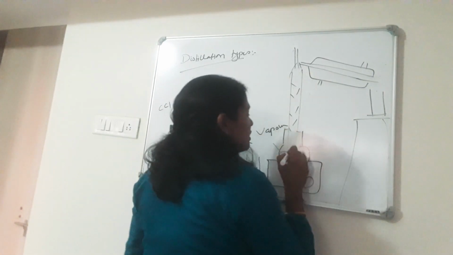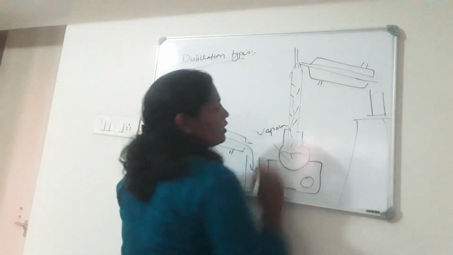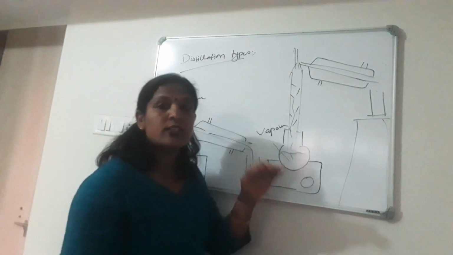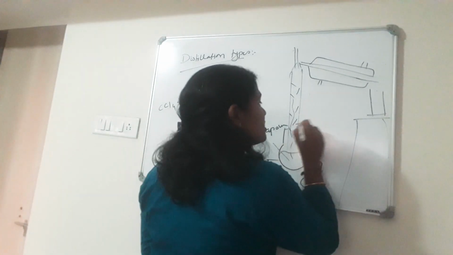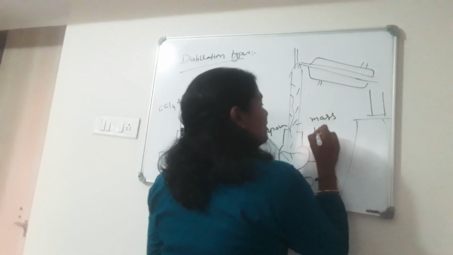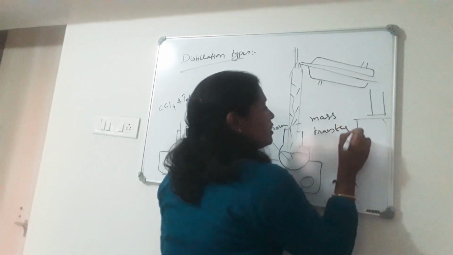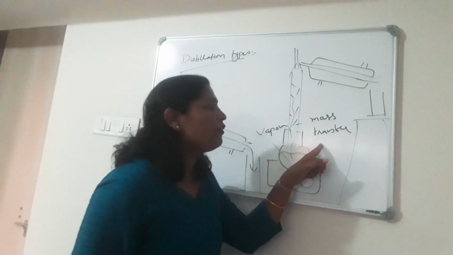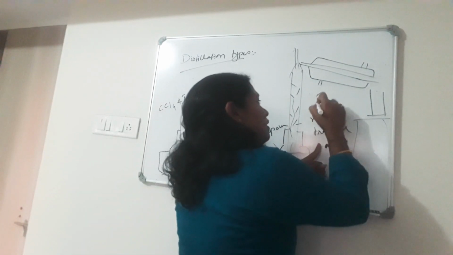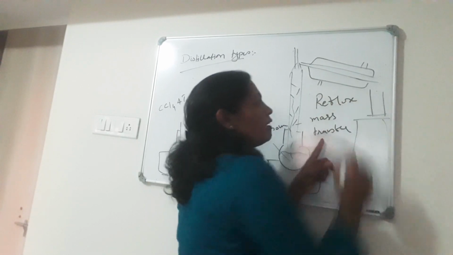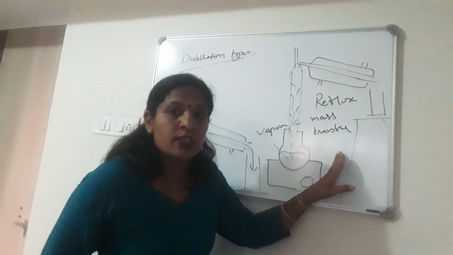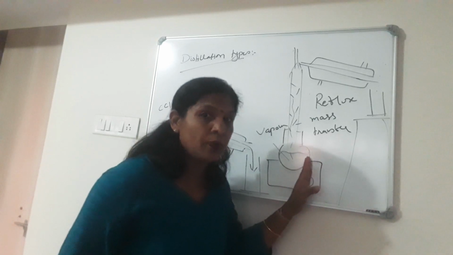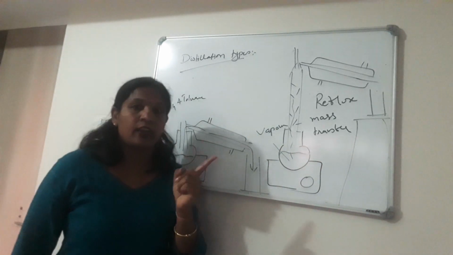When it comes back, it comes in contact with the vapor which is going up. So mass transfer takes place in the second type of distillation. That is, reflux takes place, while in the first it doesn't.